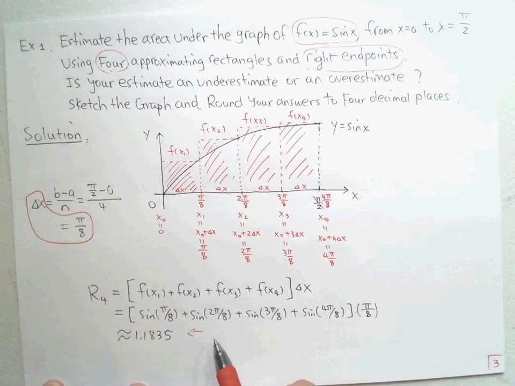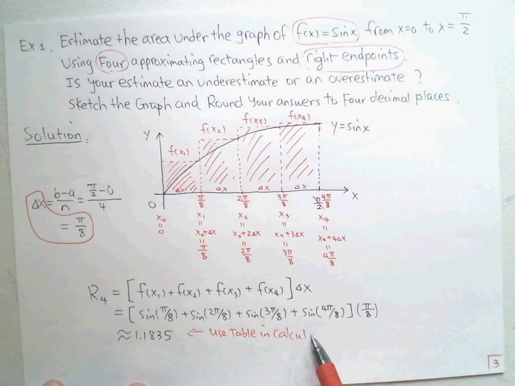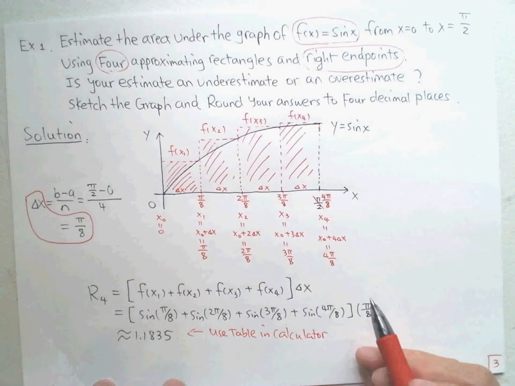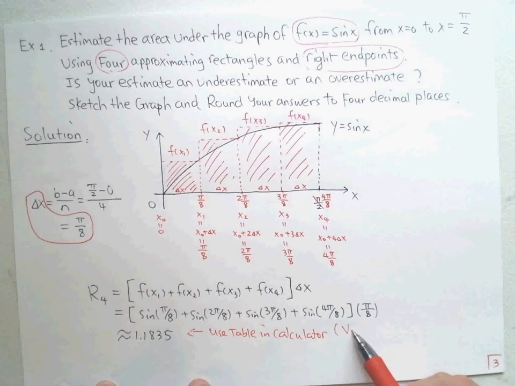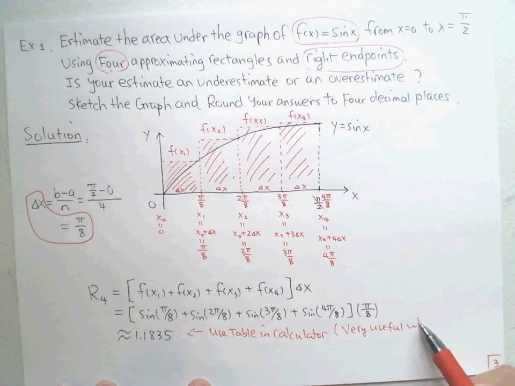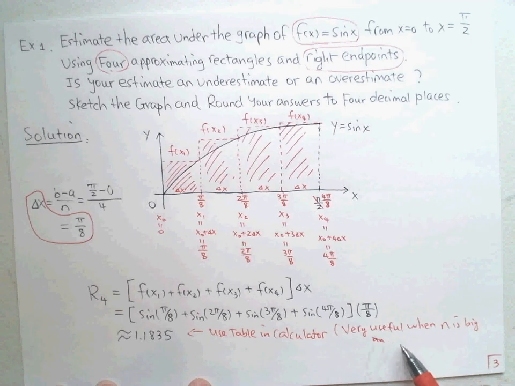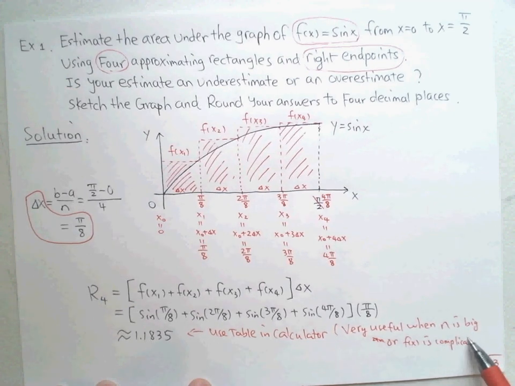Remember, we have a table in the calculator. We can use the table in the calculator to do the calculation, and this is especially useful when n is very big, or the function f(x) is complicated.